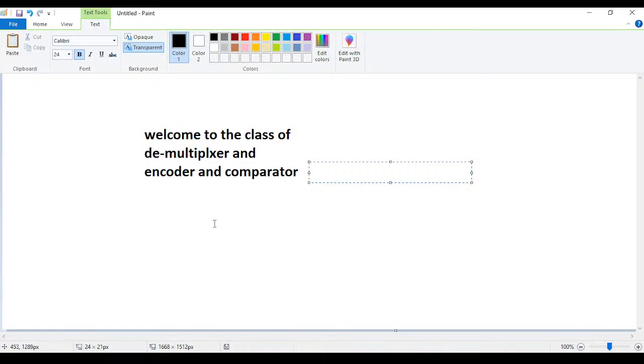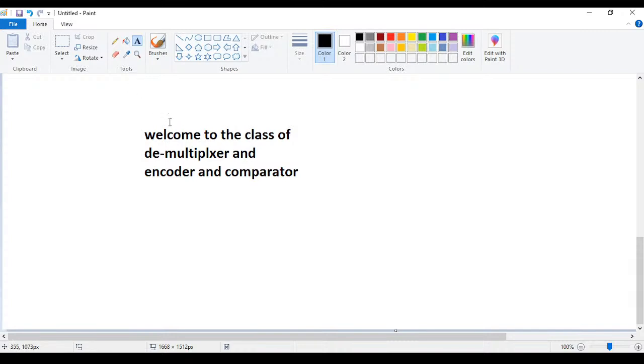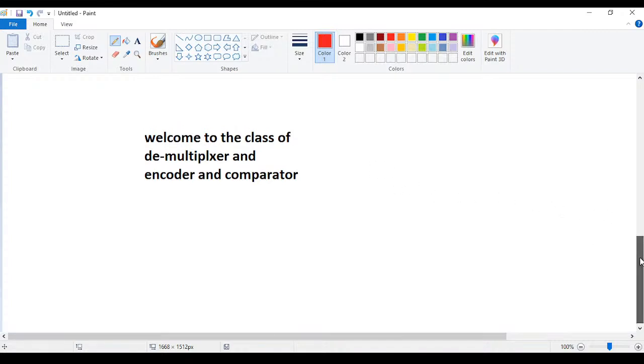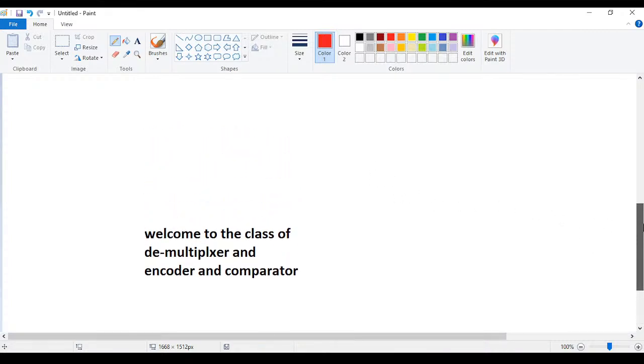Okay, so here we see this, right? So we go from demultiplexer and encoder and comparator, magnitude comparator. So today class we start with the demultiplexer. This is one of the important topics of the combinational circuits in digital design.